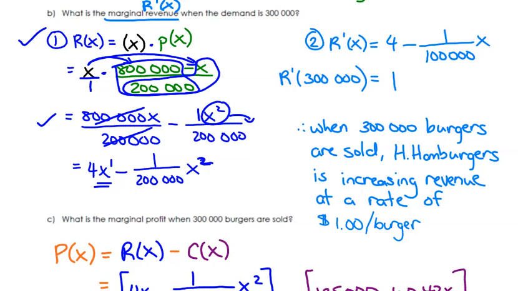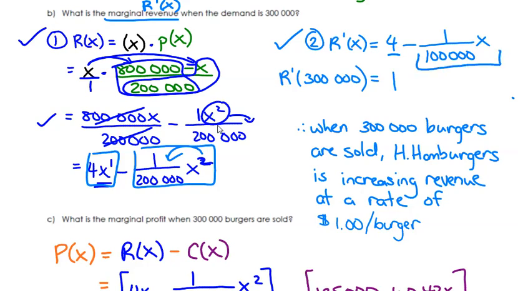And so that means that if I want to take, say, the derivative now, I can do that for this term, which is just the 4, and then this one, which is just a power rule. I don't have to simplify any farther than that because I'm just going to sub in my x. My x is going to be 300,000, which I'm then going to put into my x right here, and I get 1.